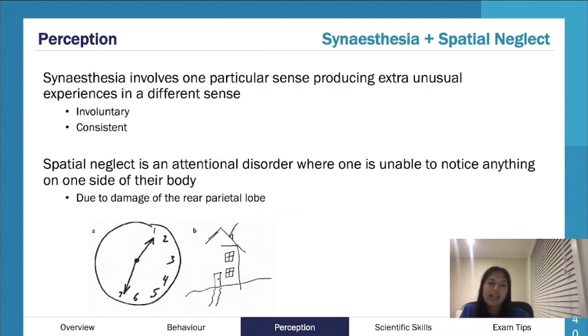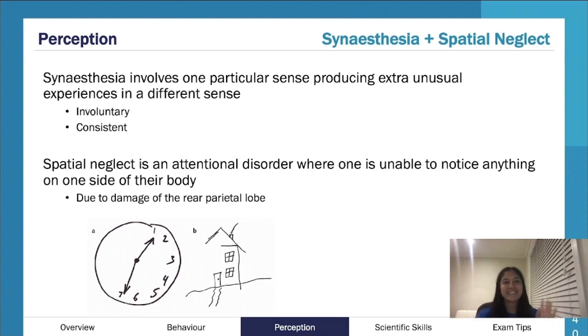Okay, and then synesthesia and spatial neglect. I think this is our last slide before the next block. So synesthesia, again, you might have seen people that have this on the internet and stuff like that, but they essentially perceive one sense with another sense. It is an actual diagnosable thing. They can often taste words.